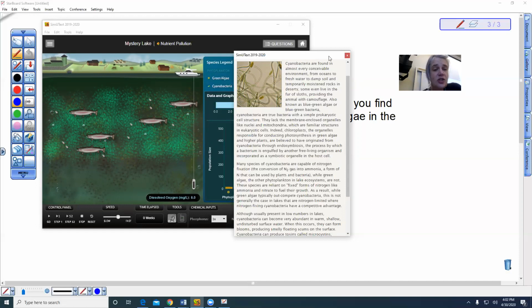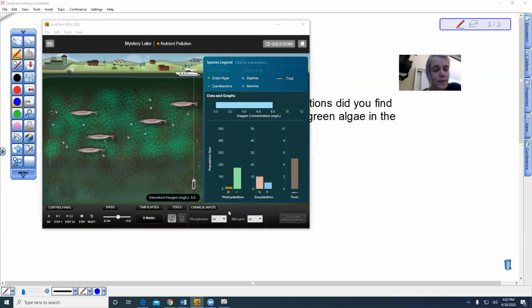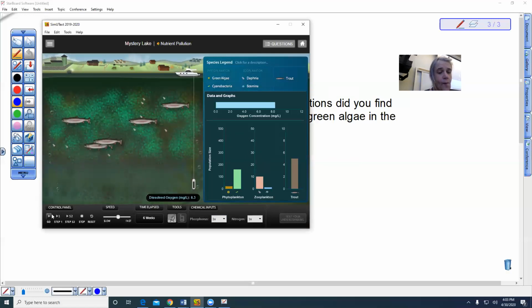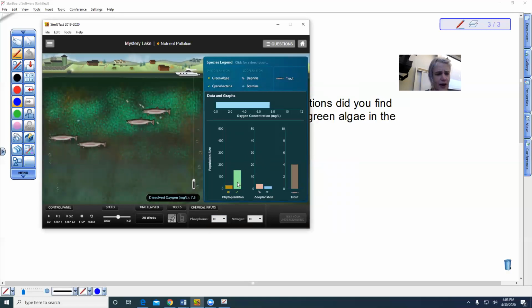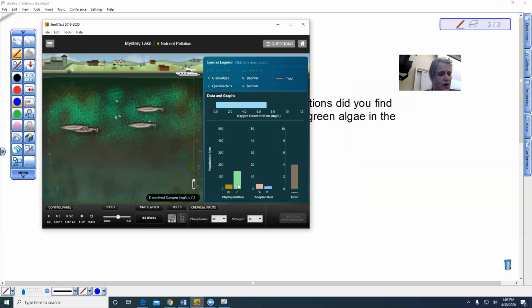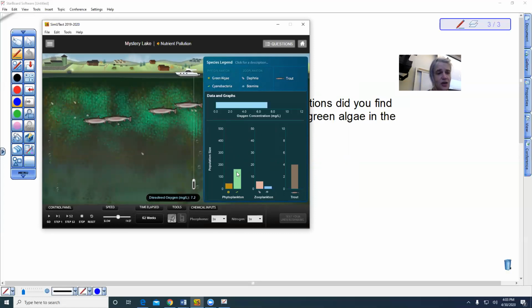So I could change this and alter, these are my independent variables, right? And I can alter those. The population size, these are my dependent variables. So let's say if they're the same, I could run it. I started out with a lot more cyanobacteria in this particular example, but I'm running it and I'm seeing that there's still more cyanobacteria, but I started out with a lot of cyanobacteria.